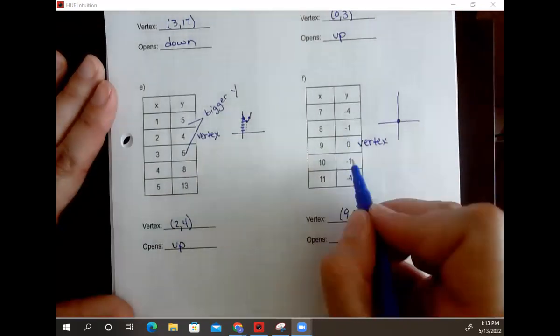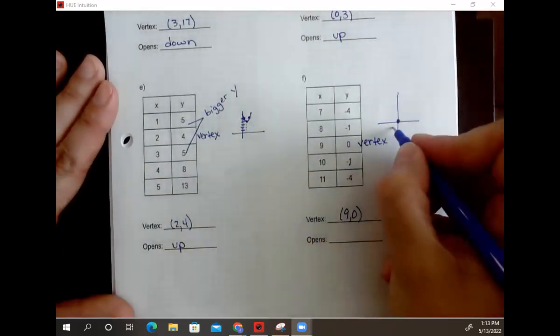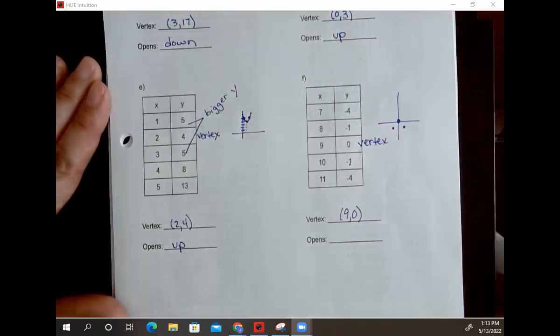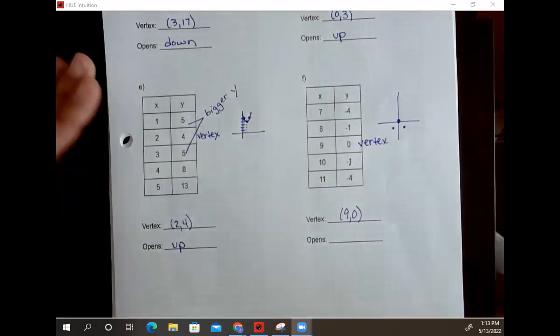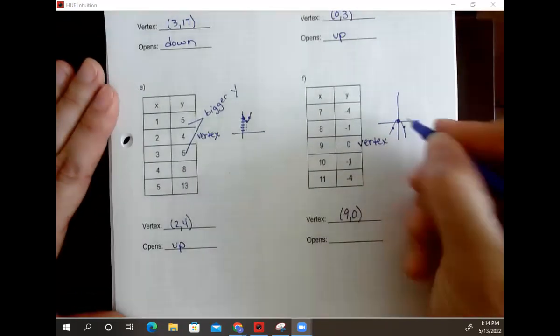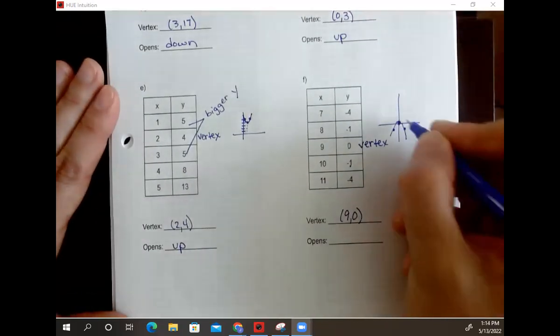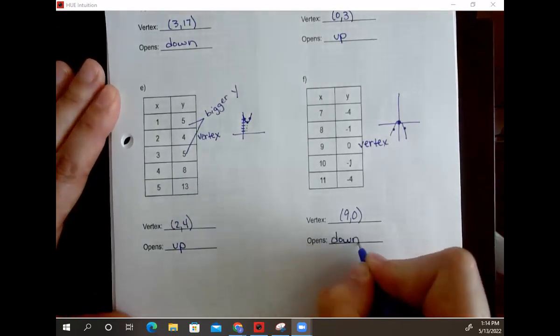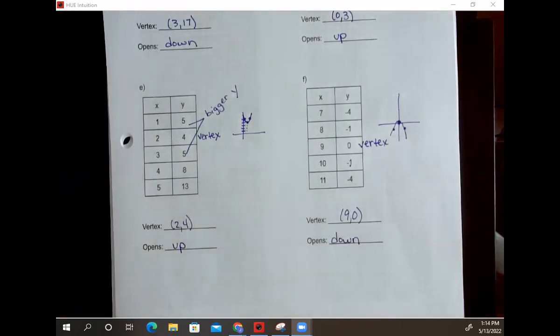And then the y values on either side are less than 0. So which way will this open? Down, yeah. It would have to be shaped like this. The vertex is the biggest y value, so everything else is down. Good work.